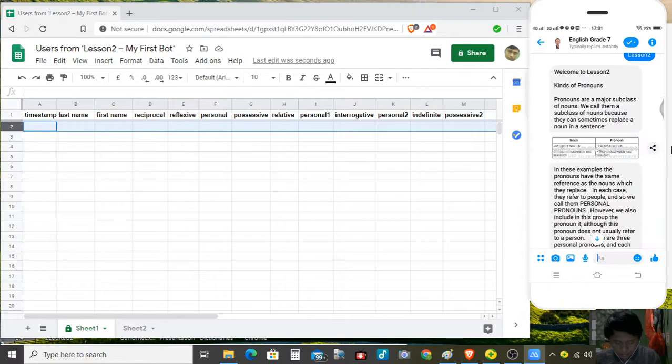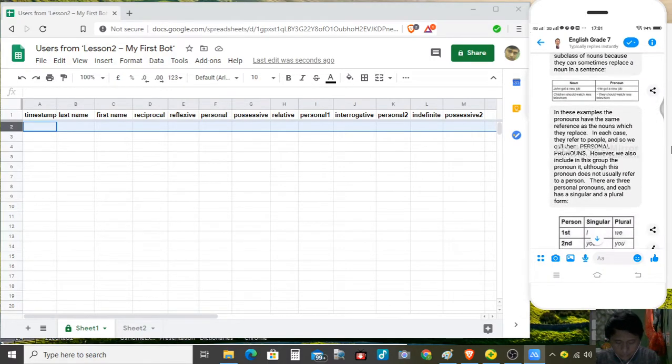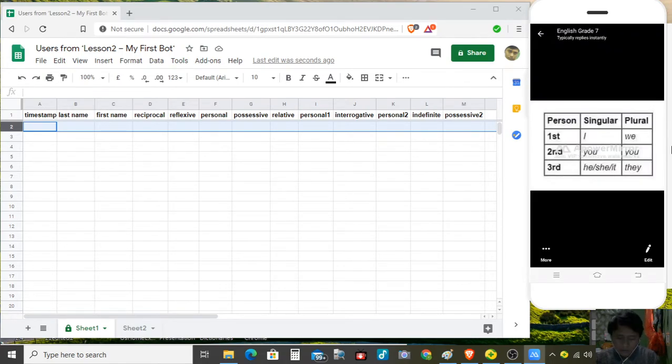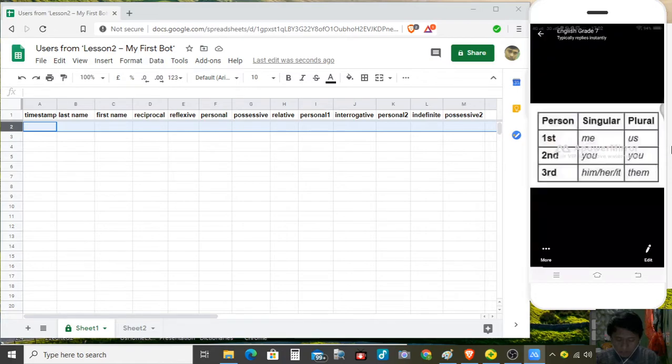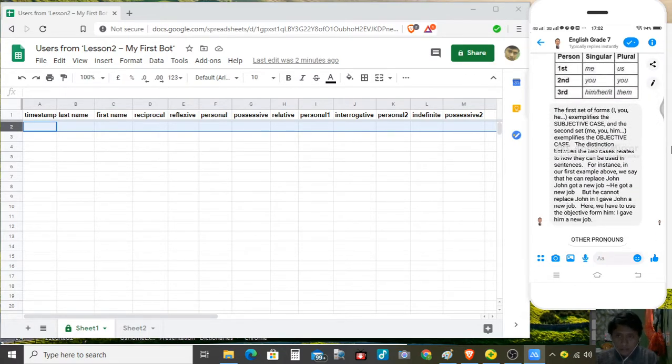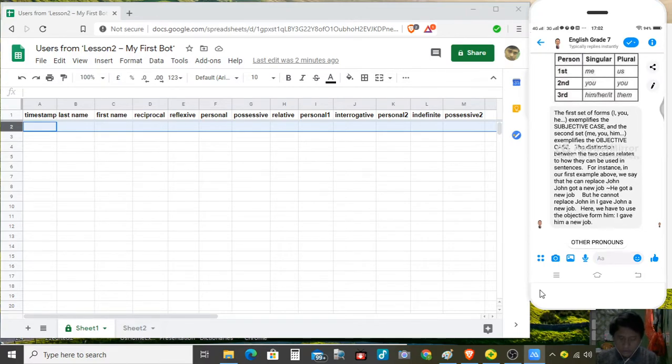Moving on, we have the samples, and then we have the personal and singular pronouns, and another one: me, us, you, them. Then proceed. We click on this side, the other pronouns.